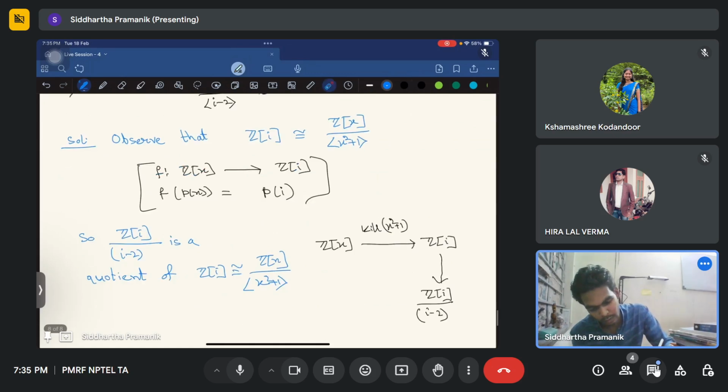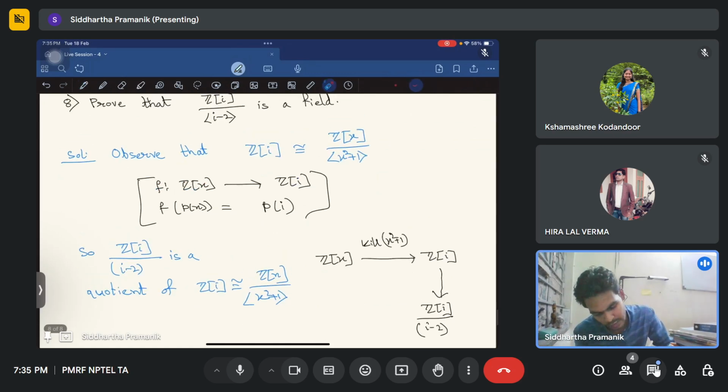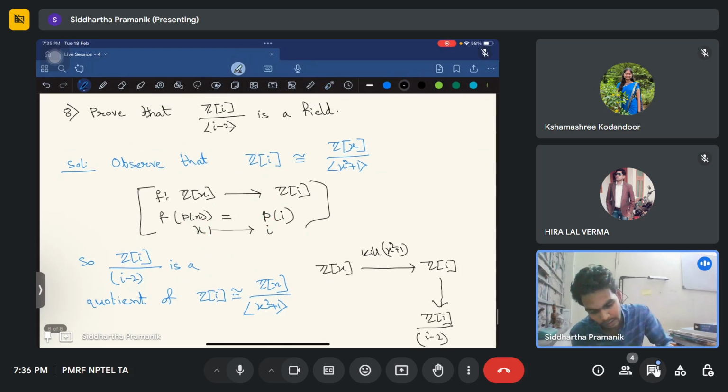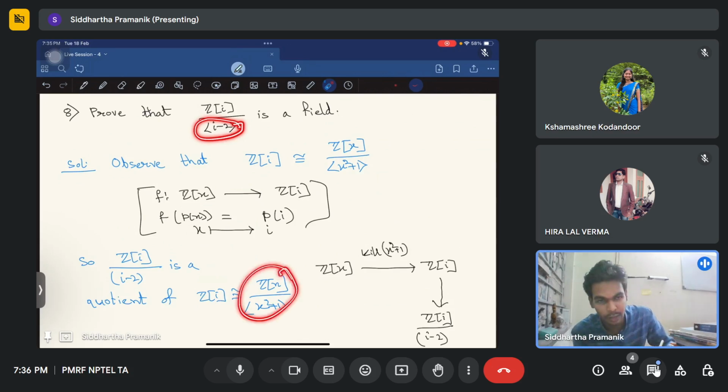Now, what is the image of x here in Z[i]? So here x is mapping to i, right? So we are identifying x with this element i. So same thing we can do here. So I want to say that if we take this ideal and quotient it out here, how it will look like.